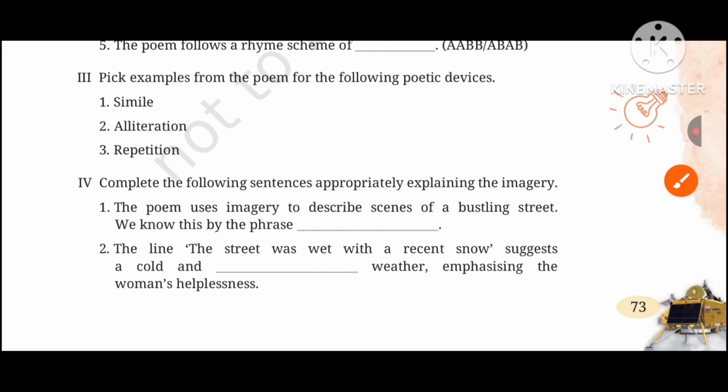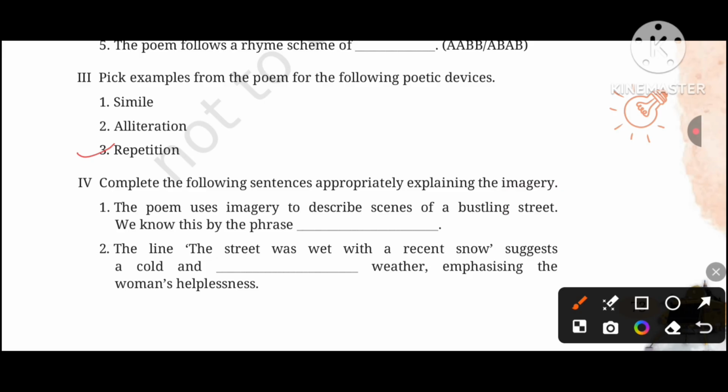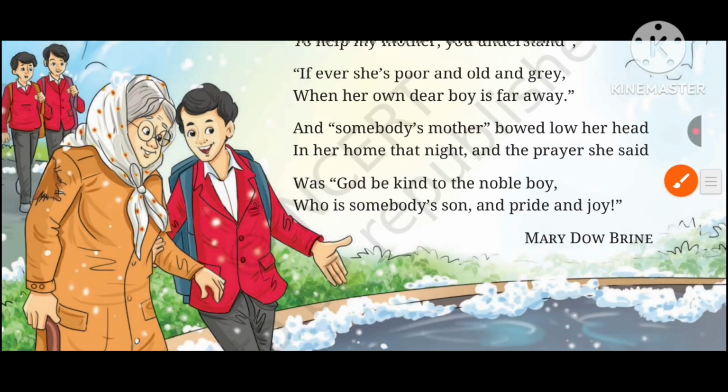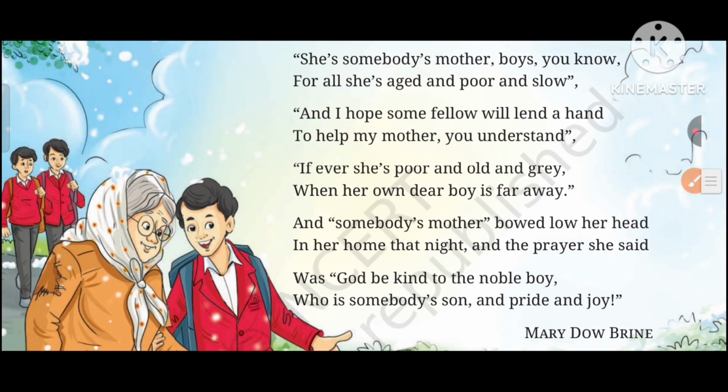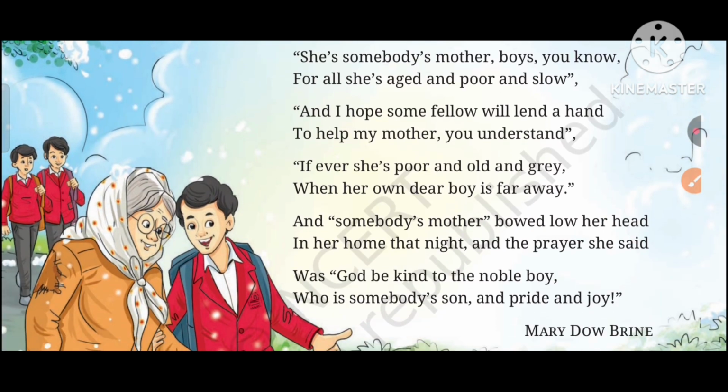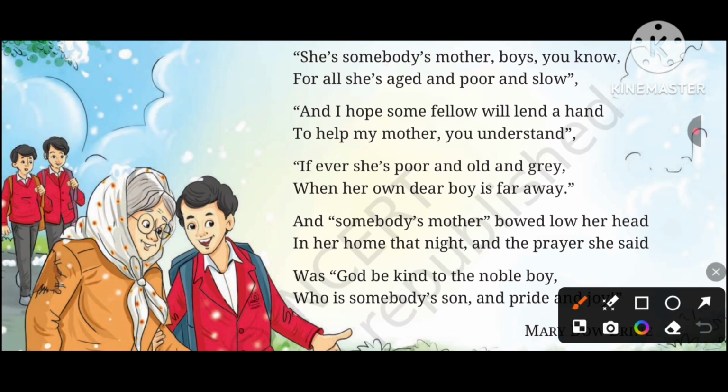Next one is repetition. Repetition is a poetic device in which the same word, phrase, or line is used more than once in a poem to create emphasis, rhythm, or emotion. So here we can see in this poem Somebody's Mother, this phrase somebody's mother here, and again somebody's mother has been used here.